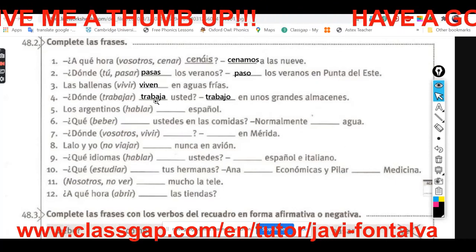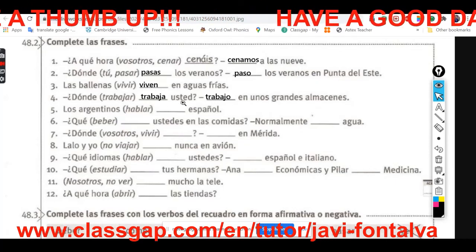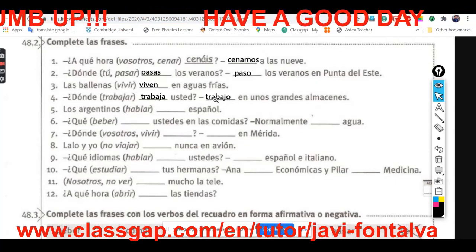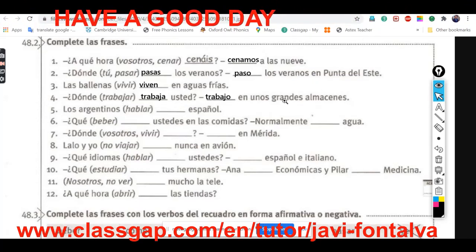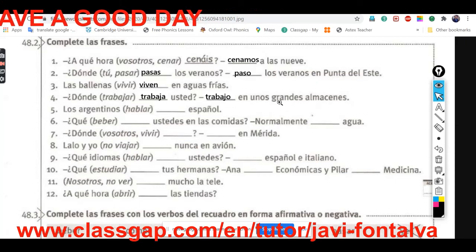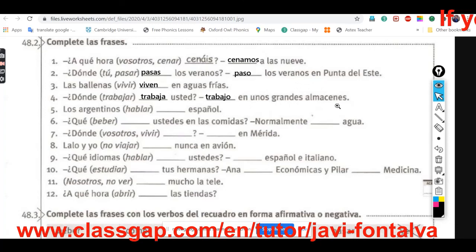Where do you work? I work in some big warehouses. Okay, grandes almacenes. Almacén is warehouse. So this will be some big warehouses, literally, yeah? In some warehouses, basically.